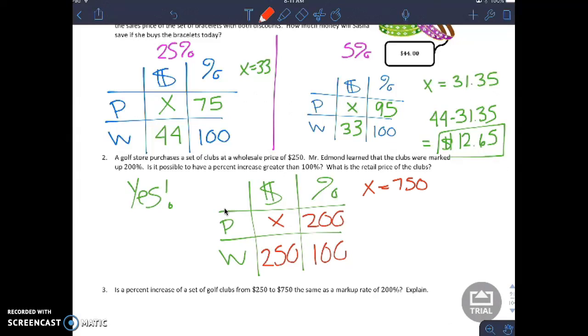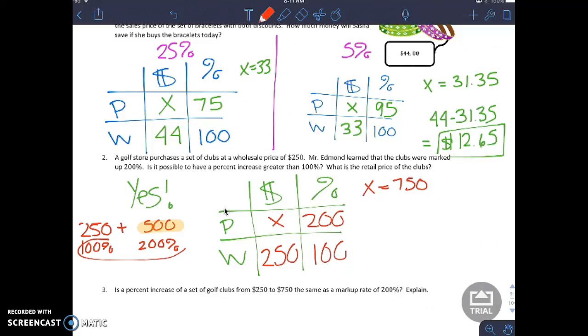So they've taken that original 250, that's 100% of it. And now they're adding 200% of it in. 200% of it is going to be 100% twice, which is 500. 500 equals 2 250s.